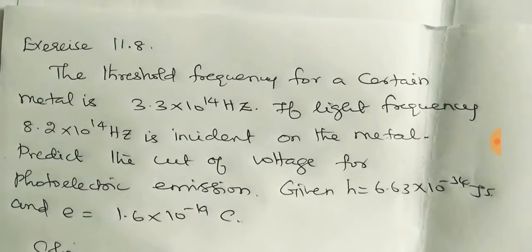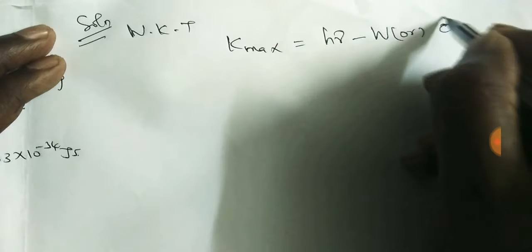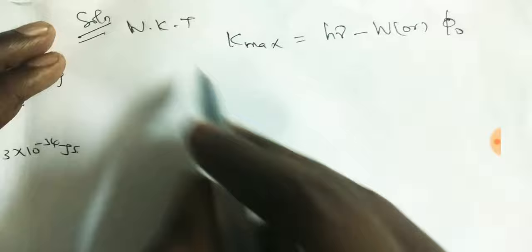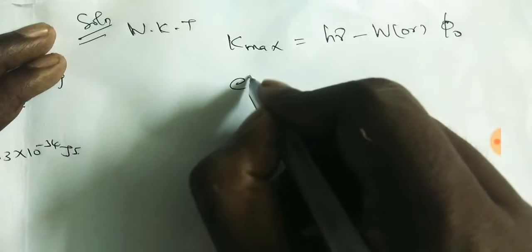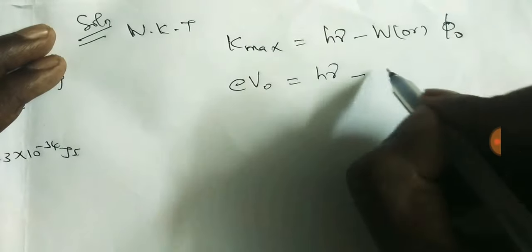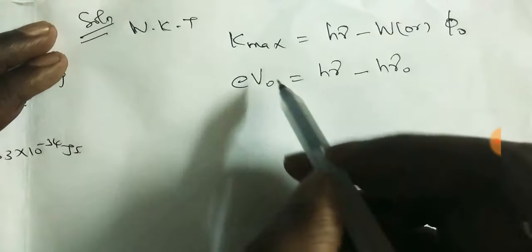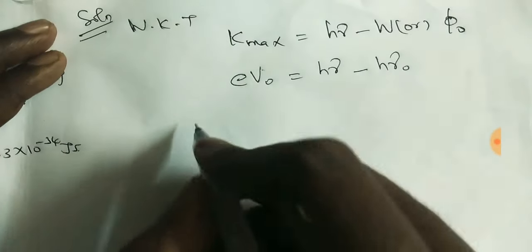We know that K max equals h nu minus W, or phi naught. We are going to rearrange this equation, and we'll get e V naught equals h nu minus, instead of phi naught we can write h nu naught. What are we going to find out? We are going to find out V naught.